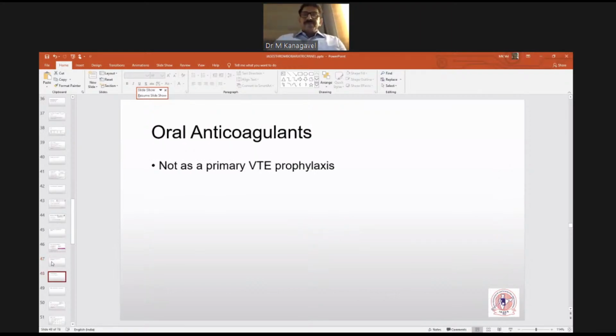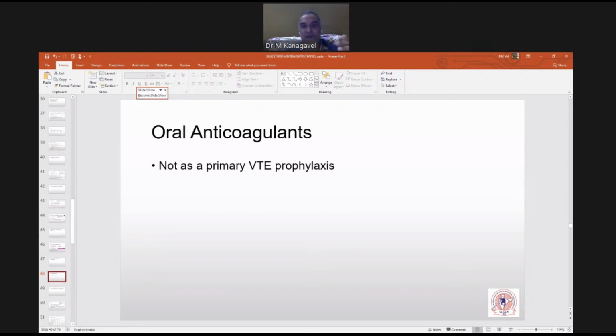Yeah, so there has been a lot of debate and discussion regarding the oral anticoagulants, and still we don't have clear directions over here. What has come up are a few medicines which are rivaroxaban, then there is apixaban, and there is dabigatran. The problem is that the bioavailability of these medicines is dependent upon a glycoprotein which is produced by our intestine.